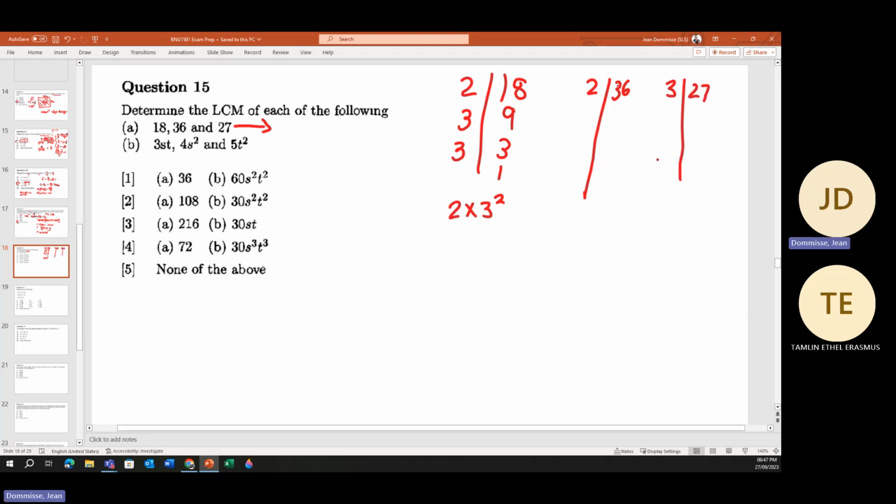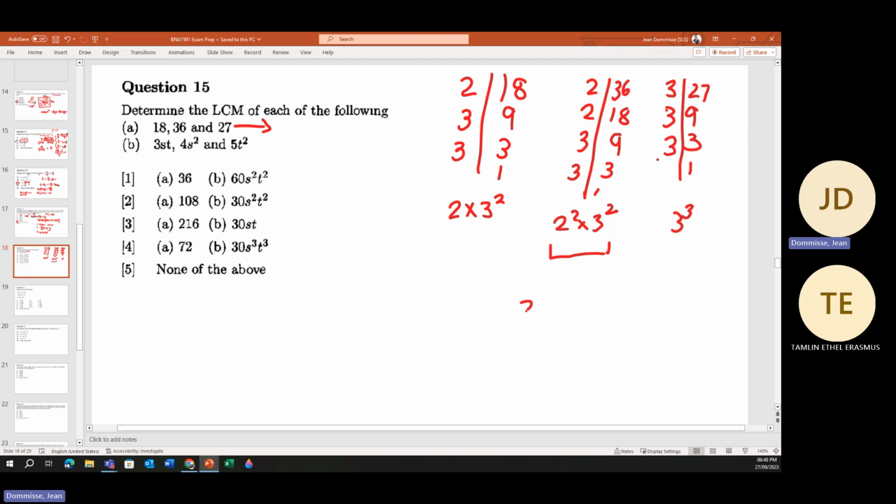Okay, so 2 goes into 36, 18, 2 goes into 18, 9, 3 goes into 9, 3 times, so here we sit with 2 to the power of 2 times 3 to the power of 2. So that is probably the one so far. And then it's 3 goes into 27, 9 times, 3 goes into 9, 3. Okay, so here we sit with 3 to the power of 3.